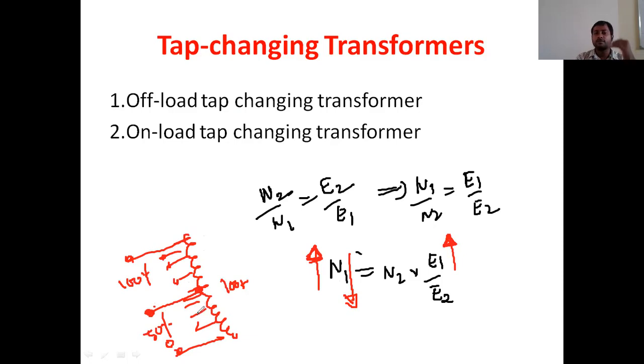As we change the tapping positions, we can change the voltage. We can increase or decrease the voltage. If the loads increase, the voltage drop automatically increases, so we need to increase the tapping positions. Likewise, if the load decreases, more voltage will be available at the load end, so we need to decrease the voltage by changing the tapping positions.